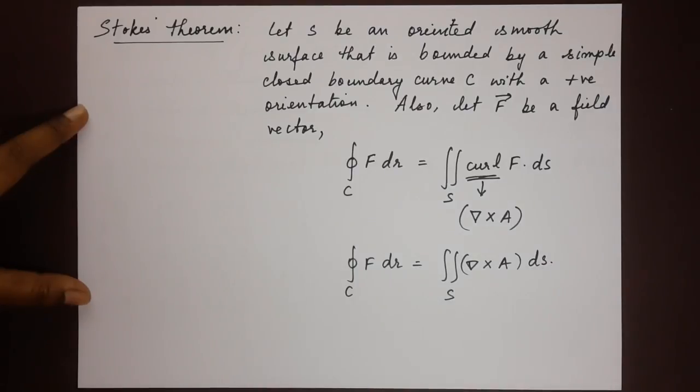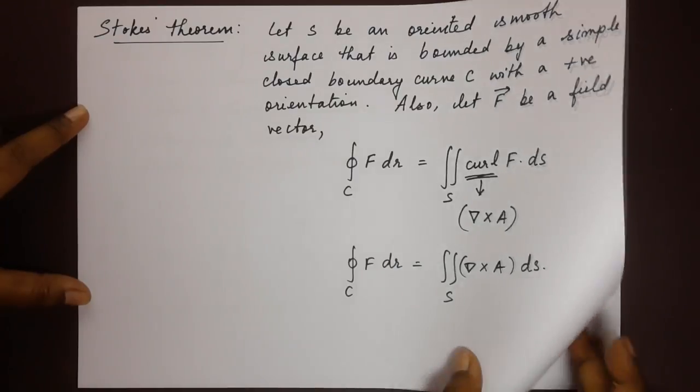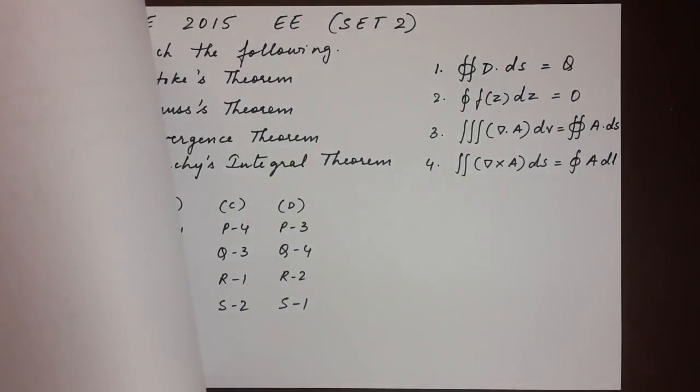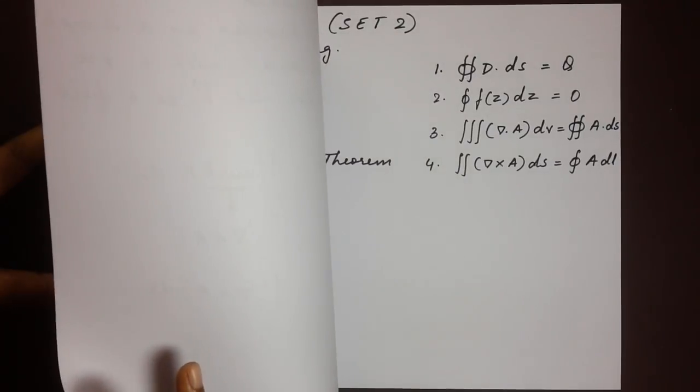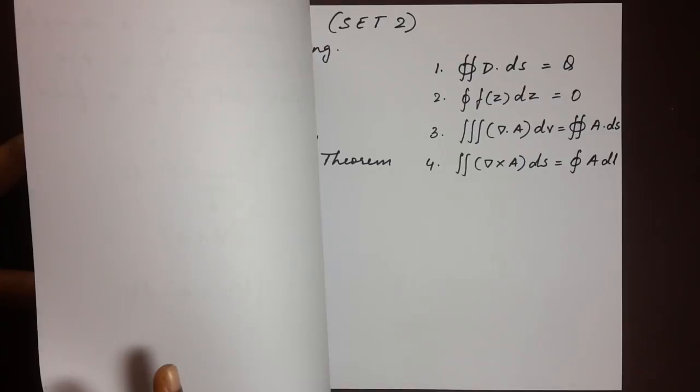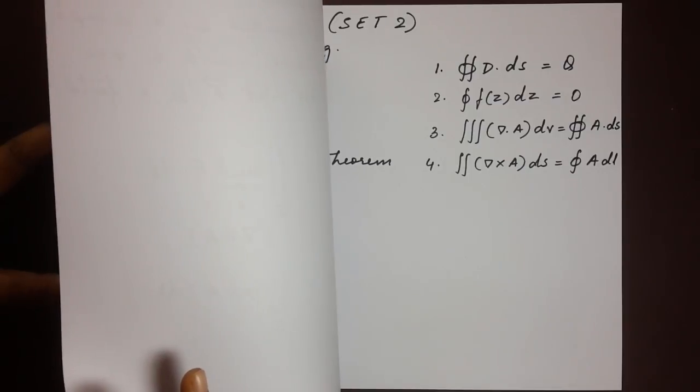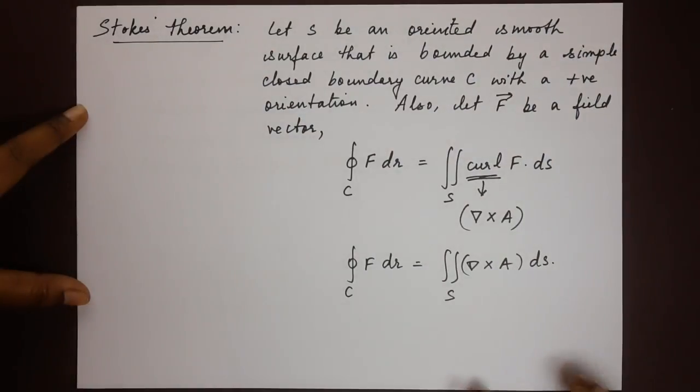Now, if we compare this with the options given to us, we see here there is just the fourth option there is delta cross A. So, we have an option with delta cross A there.